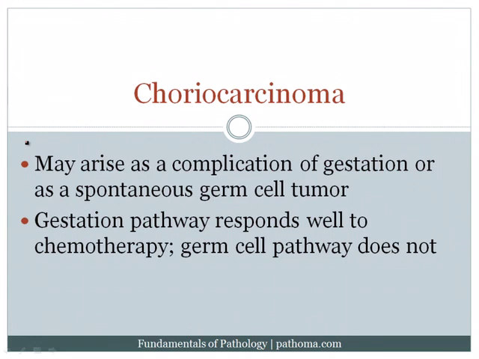Whereas when choriocarcinoma arises as a complication of gestation, for example after a molar pregnancy, it will respond very well to chemotherapy. And it's amazing how these tumors can respond to chemotherapy. They literally can just melt and disappear. So that's a very important distinction, both clinically and as a practical principle. It's a high-yield principle to be aware of.